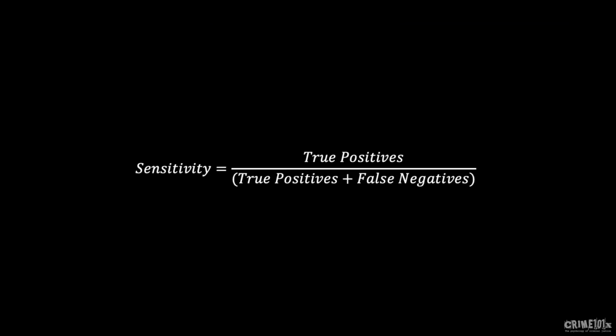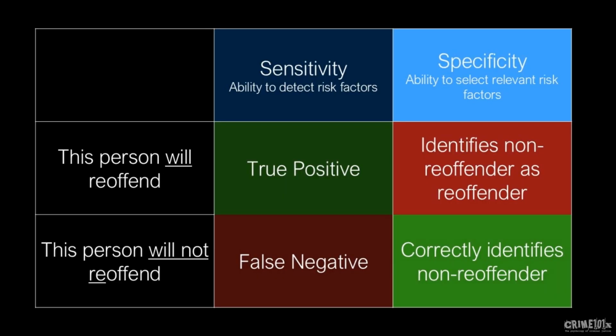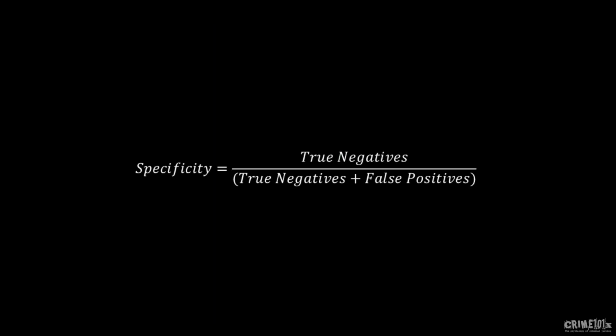We can calculate the sensitivity of a diagnostic tool or risk assessment by dividing the number of true positives by the number of true positives and false negatives. Specificity, on the other hand, is how likely a tool is to identify someone who is likely to not reoffend. This is calculated by dividing the number of true negatives by the number of true negatives and false positives. Essentially, sensitivity is about capturing true risk, while specificity is about avoiding false alarms.